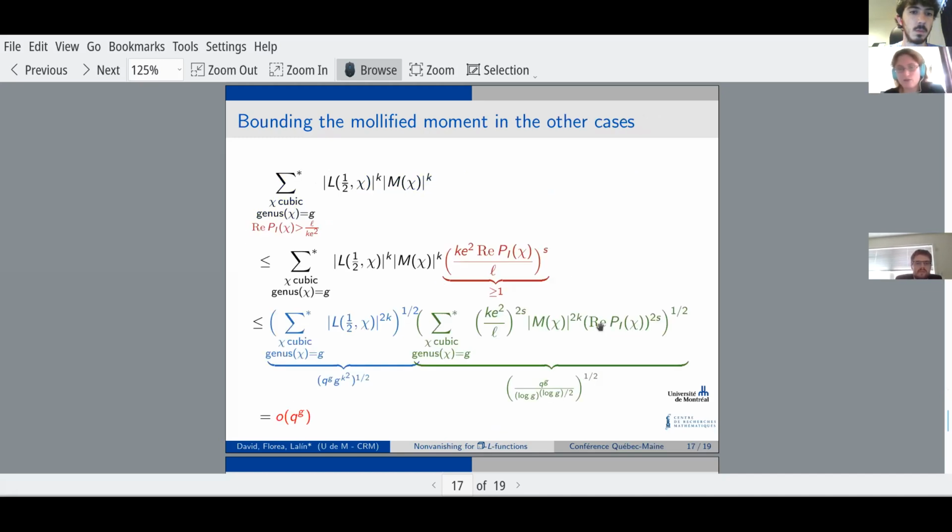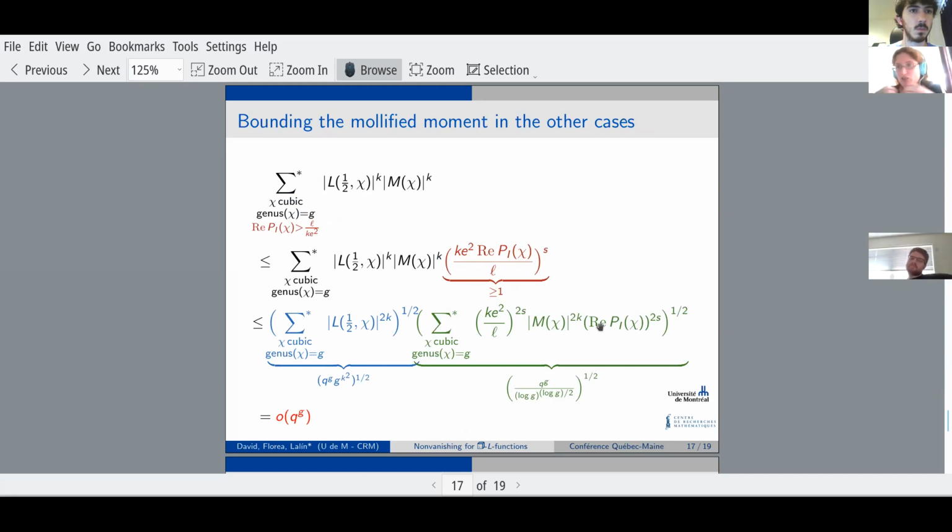So here I give you an inequality in one of the cases to give you an idea how things work. Basically, you apply Cauchy-Schwarz, and it's kind of fun because you have your mollified moment, and you add a factor in each term that is bigger or equal than 1. And then you use that to apply Cauchy-Schwarz.